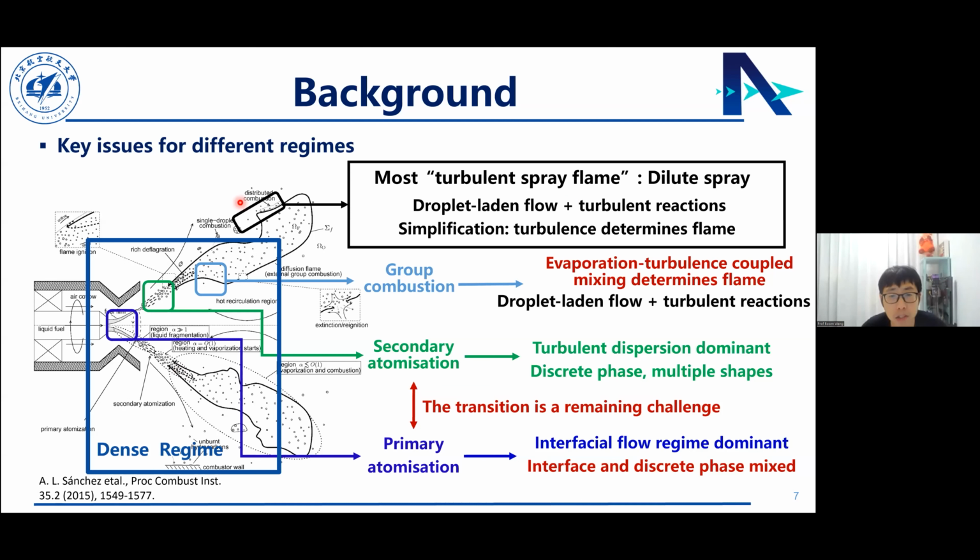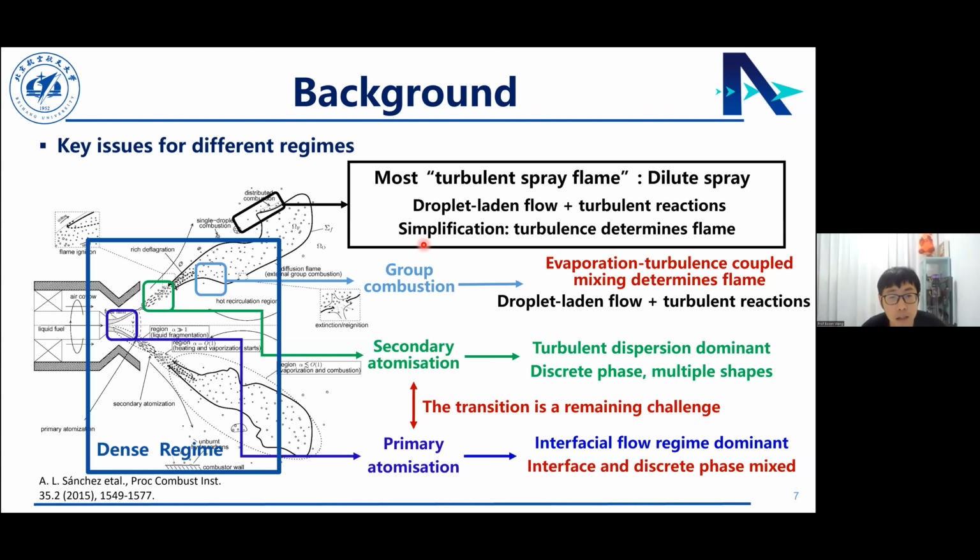This is the most common phenomenon in practical applications before the droplets evaporate and burn out. In this region, evaporation and turbulence coupled mixing determine the flame. The regime is still the droplet-laden flow, and there are also turbulent reactions.